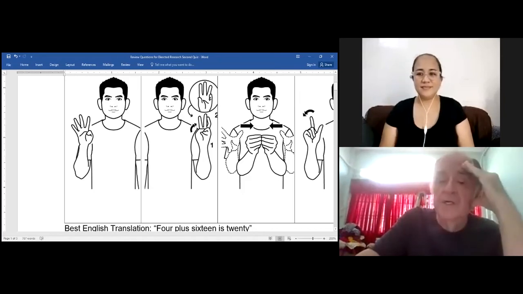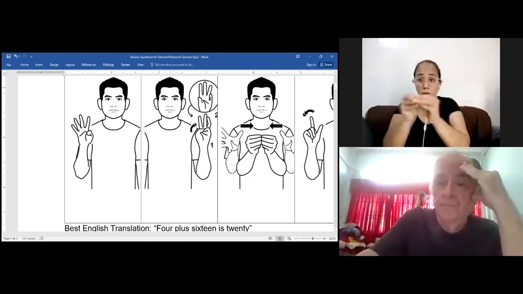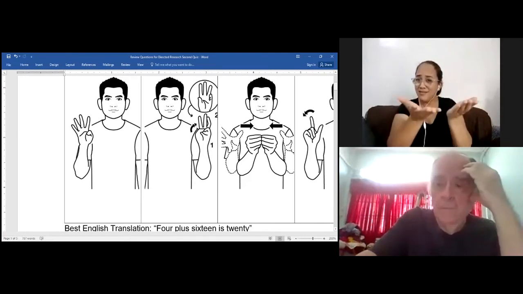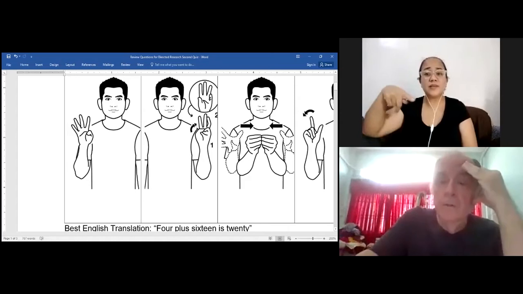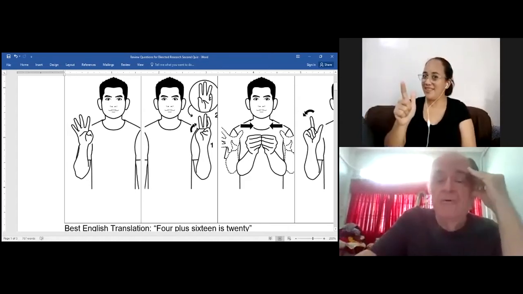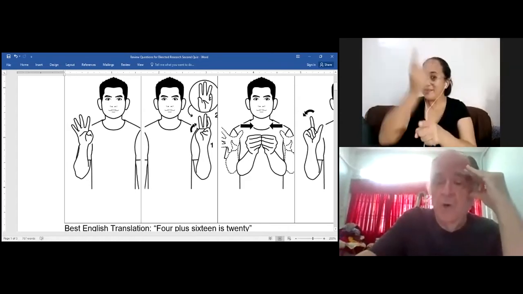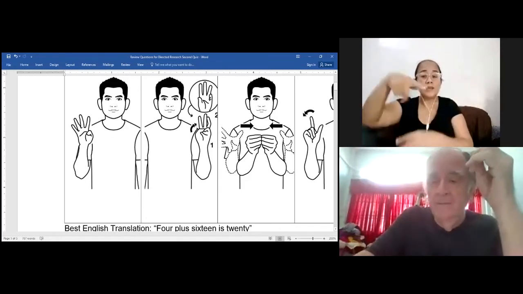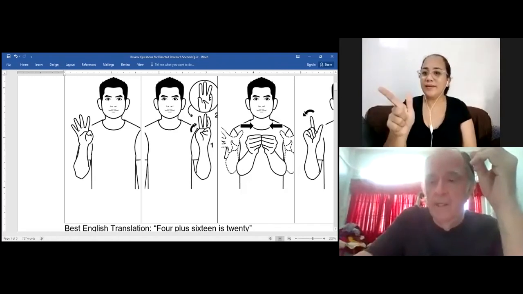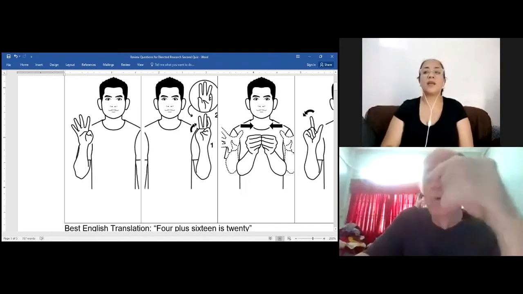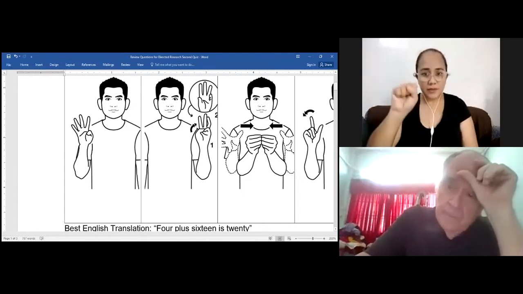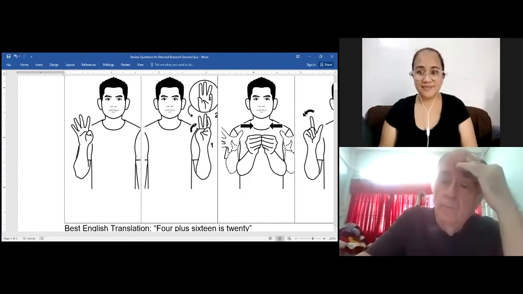Together goes with 4, 16. Just 20, Peeves is saying. Right. Just 20. Peeves is correct. For the whole sentence, the predicate is 20. So if the predicate is 20, what is the subject? 4, 16 together, Renz is saying.